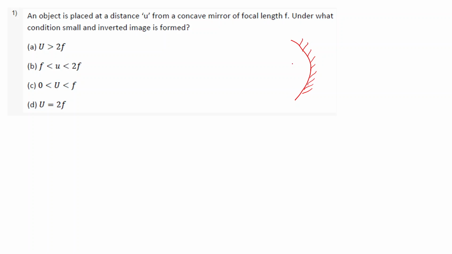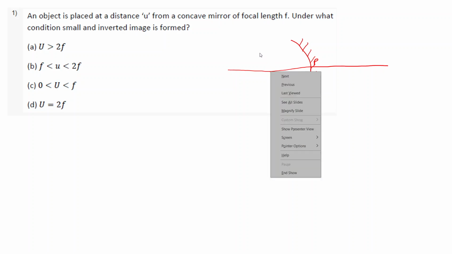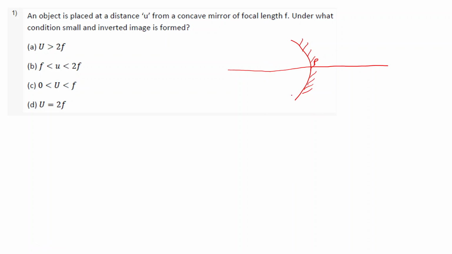So this is a concave mirror, and we'll make a principal axis here. This will be the pole. Let's say this is the focus of this concave mirror, and at double distance we will be getting the center of curvature of this concave mirror.